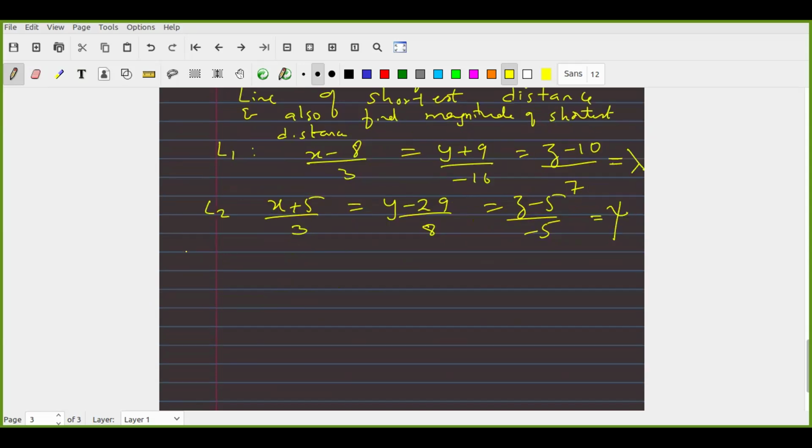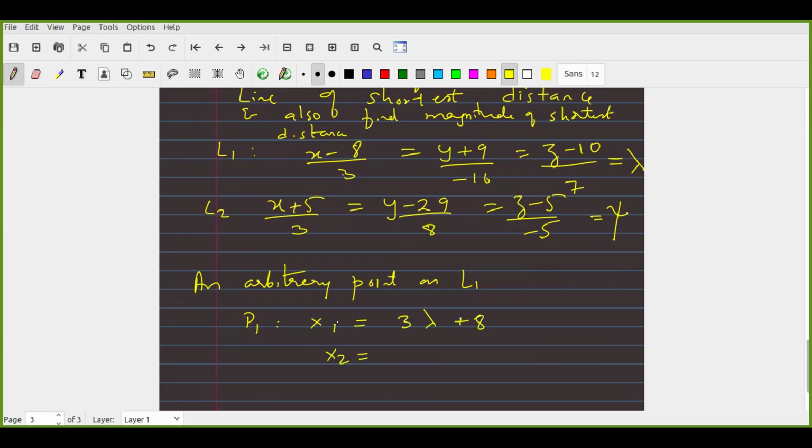Now, by equation of L1, an arbitrary point on L1, let's say it is P1 only, will be of the form x1 equal to 3 lambda plus 8. See, 3 times lambda plus 8.